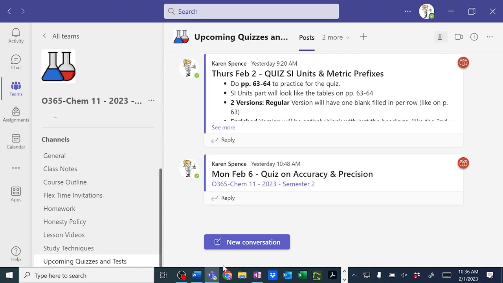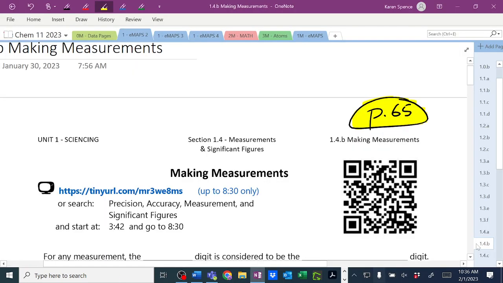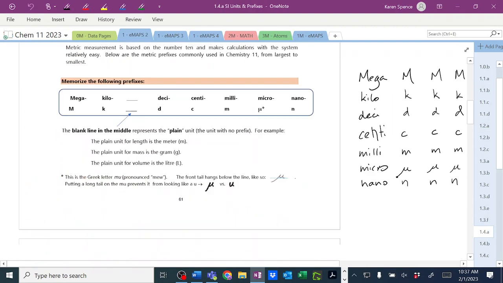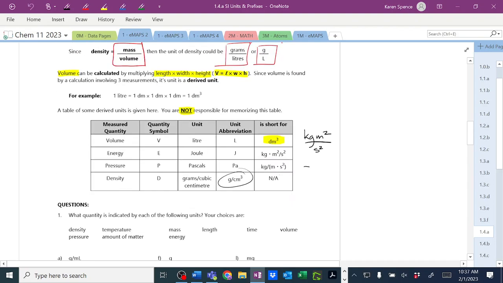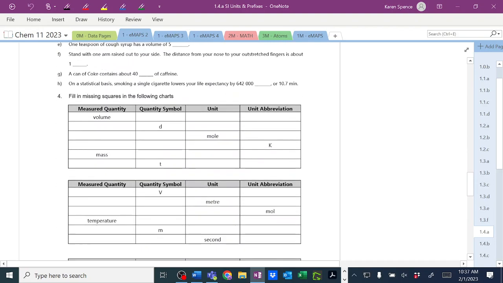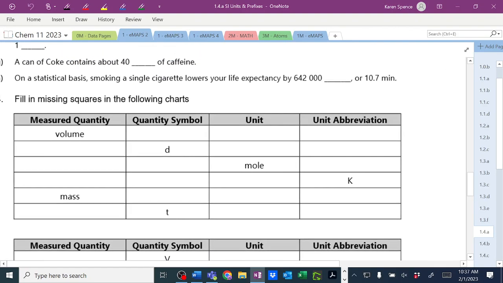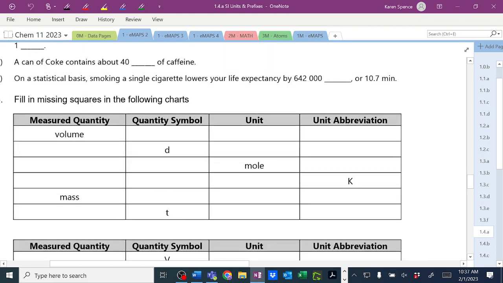So here is what that quiz is going to look like. We will want to go to page 63. Do you see this chart? Your quiz will look like that, okay?